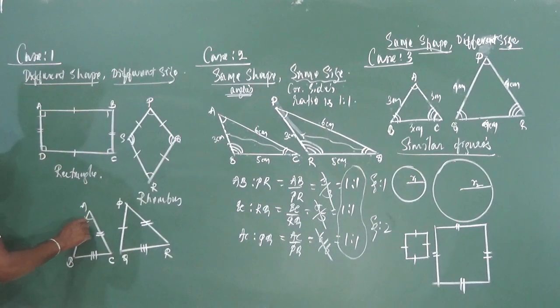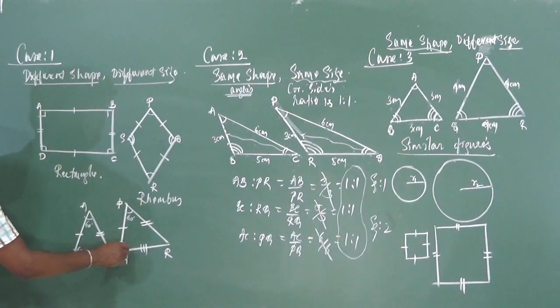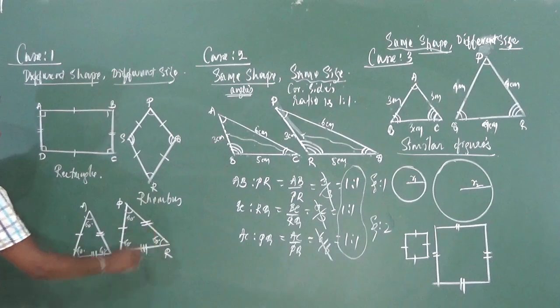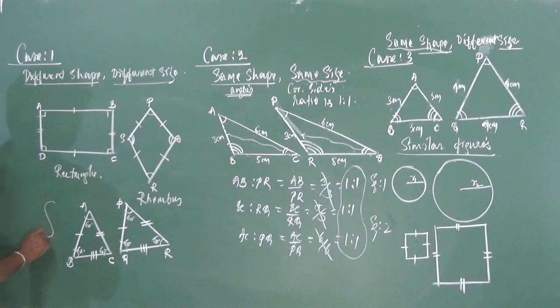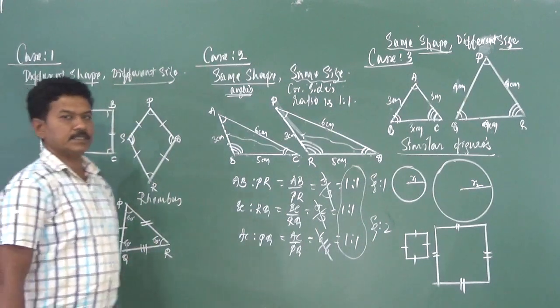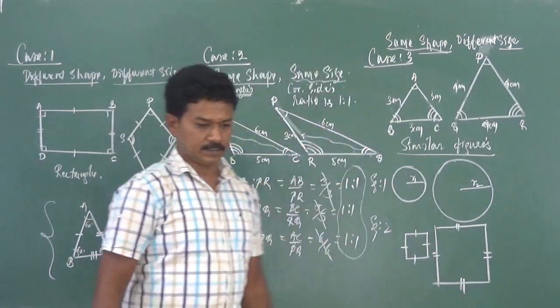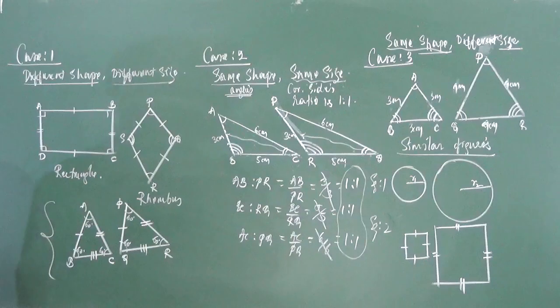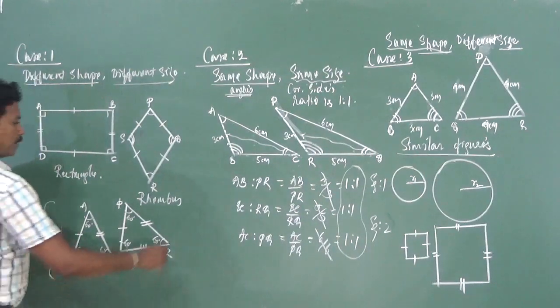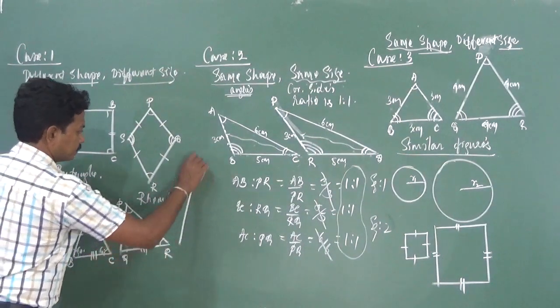And this is 60 degrees, this is 60 degrees, this is 60 degrees, this is 60 degrees, this is 60 degrees, and also this is 60 degrees. So what type of triangles are triangle ABC and triangle PQR? Both are equilateral triangles. Okay. I will take another triangle.